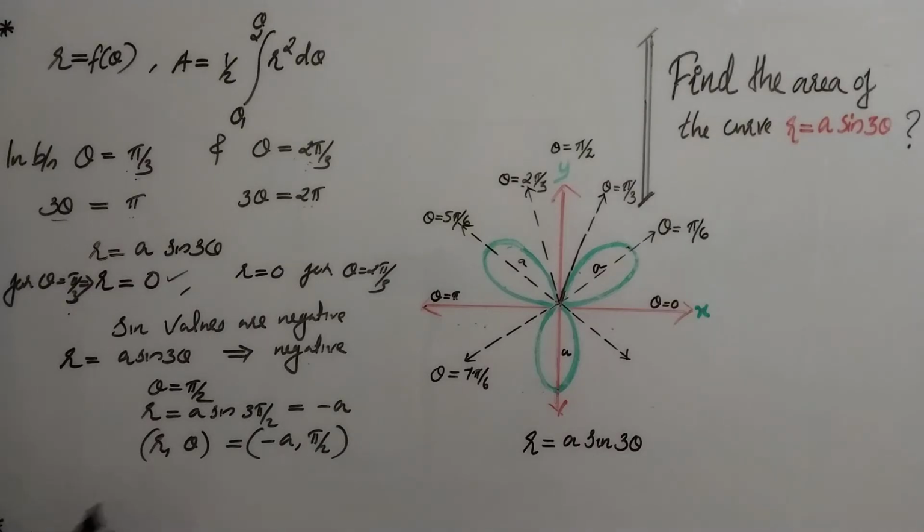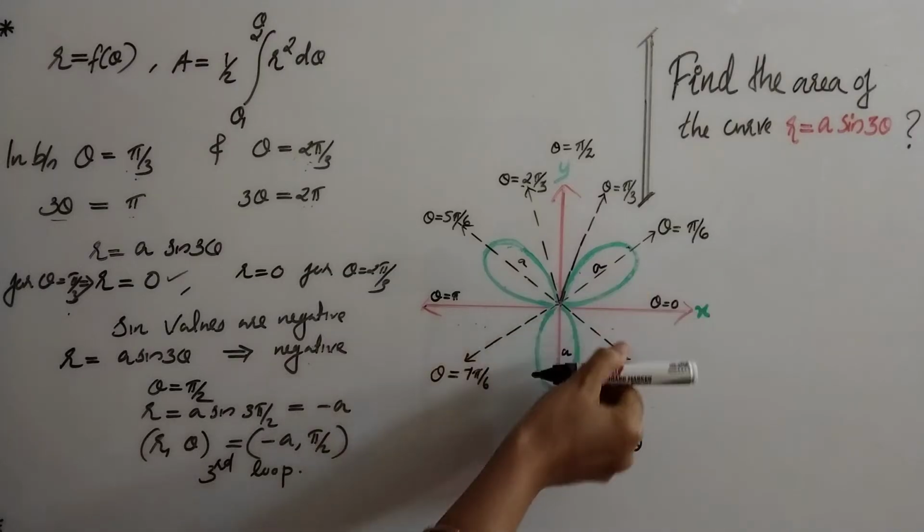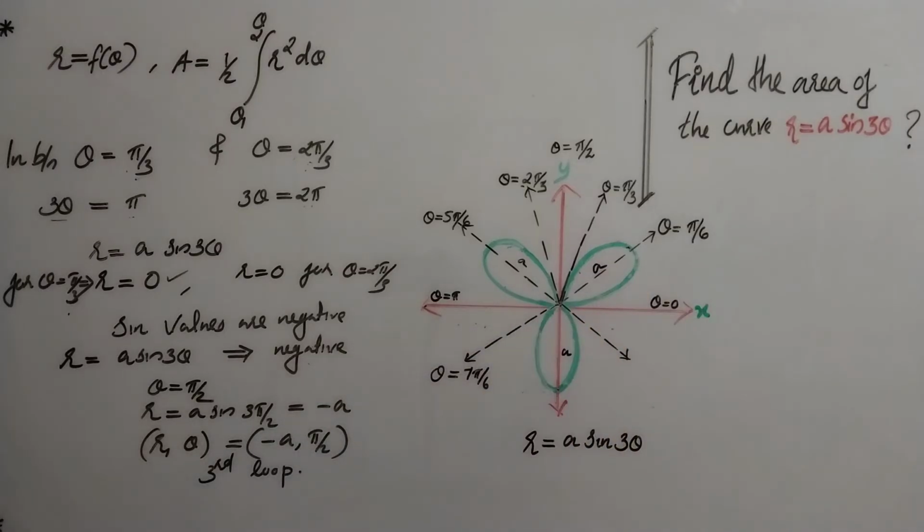So here we have the third loop in between theta equal to pi by 3 and 2 pi by 3, which lies below the initial line. This is the initial line and this third loop lies below it. Hence we have a total of 3 loops.